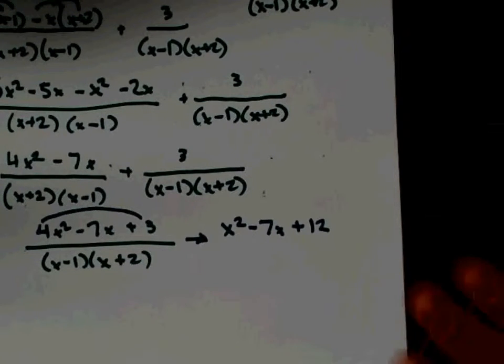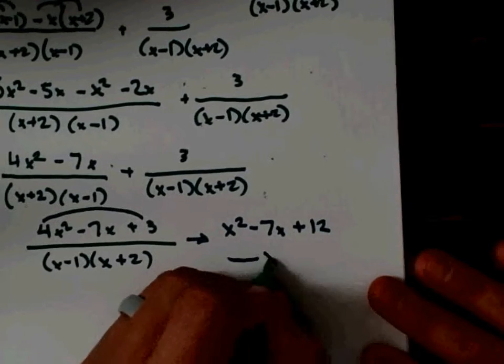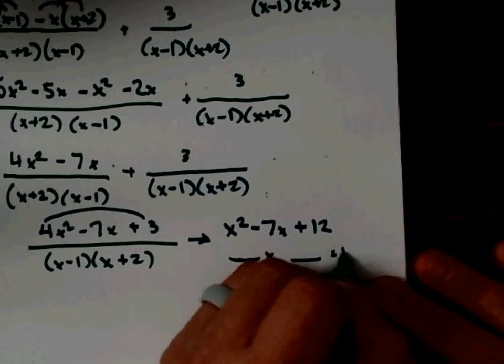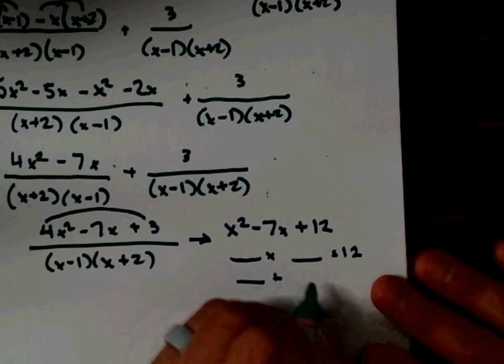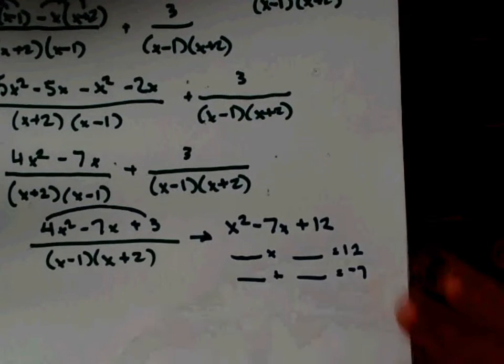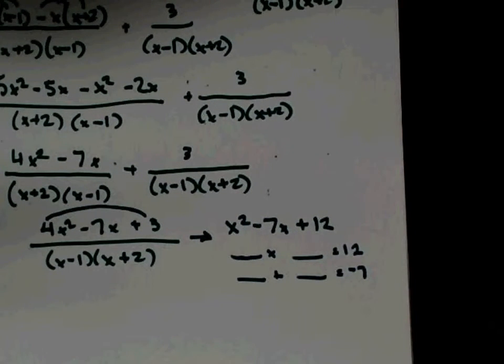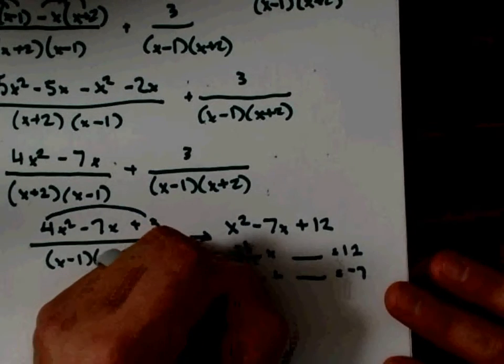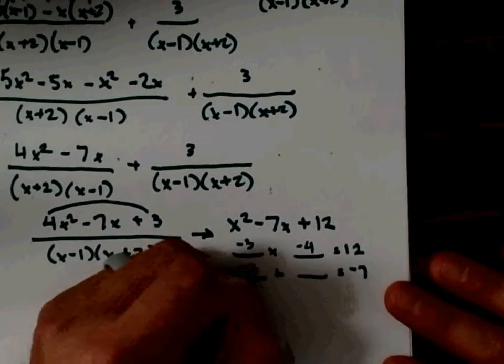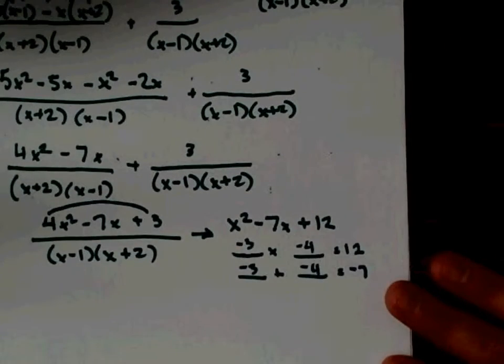Right? So now I ask myself, what multiplies to give me 12 and adds to give me negative 7? Negative 3, negative 4.